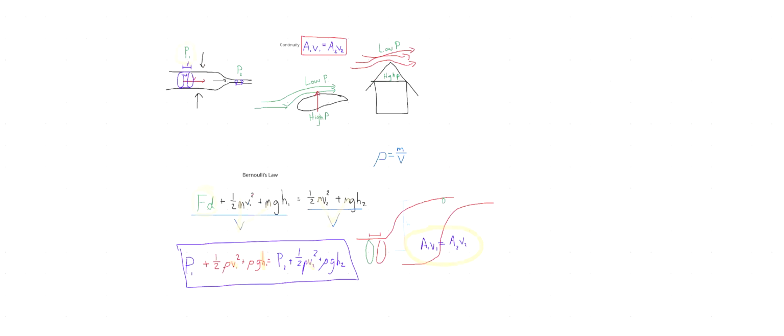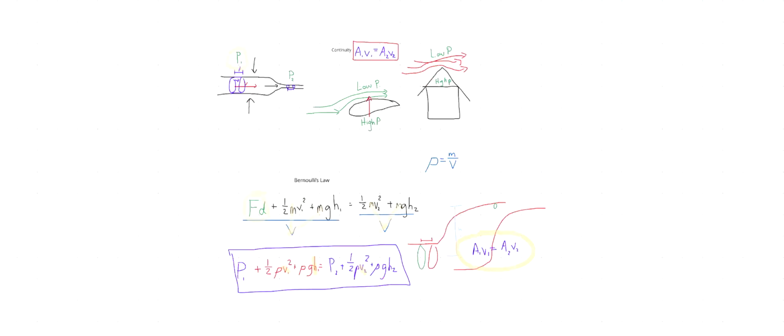So that is the idea for fluids. We have two concepts. We have our continuity equation. The idea is as our pipe restricts down to a smaller diameter, the speed of that fluid is going to increase. It's going to go faster. Imagine putting your thumb over the end of a hose. The second piece, the link here, is that as the speed of a fluid goes up, our pressure goes down.